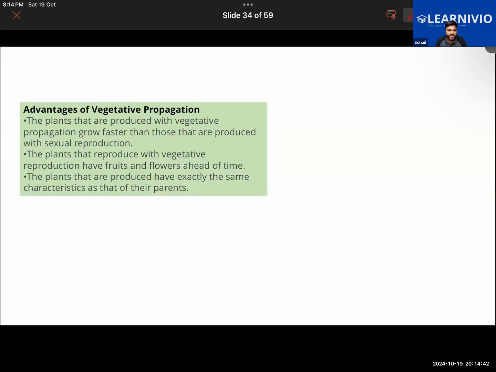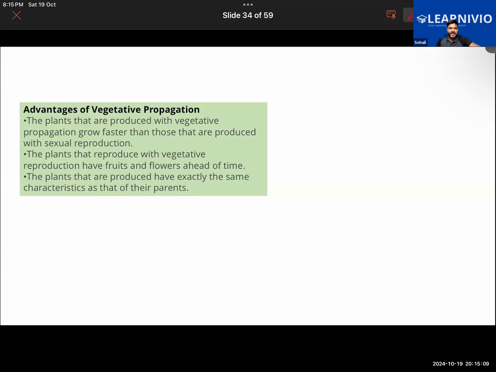The plants produced by vegetative propagation will grow faster than those produced by sexual reproduction. Because in sexual reproduction, the new plants grow from seeds, so that will take more time, isn't it?